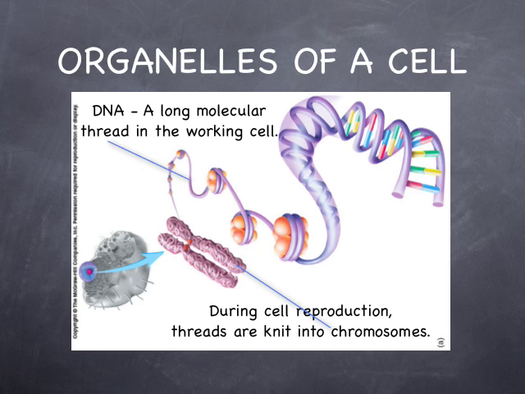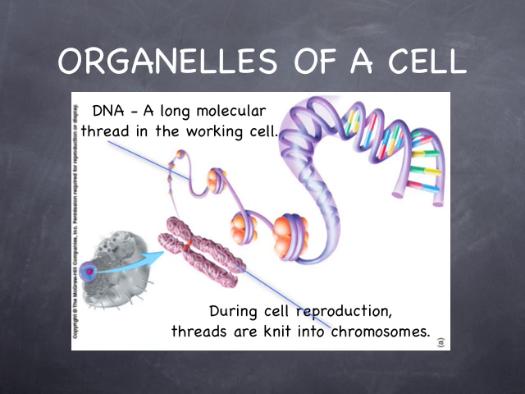And basically, we find this DNA material in one of two states. It's either in its unraveled state like this, or it's in its knitted form like this. This is what happens when a cell is reproducing. The cell is basically gathering up all its DNA so it can give half to one cell and half to another cell when the cell divides into two.